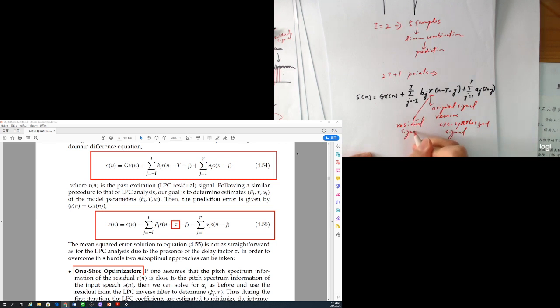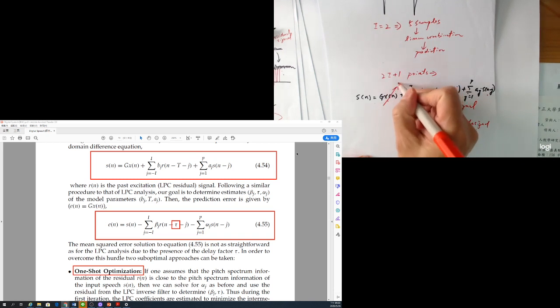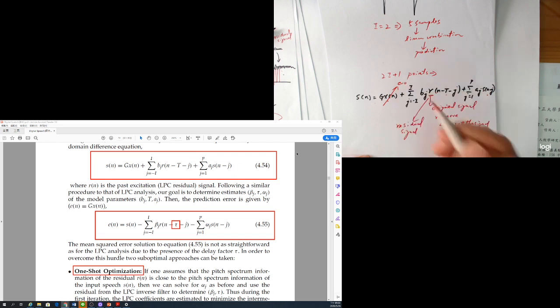From the residual signal, we try to find the long-term prediction. This one is what we call the short-term prediction. And then this one is the trigger signal. We assume this trigger signal is close to zero, so we hope to approximate this one.